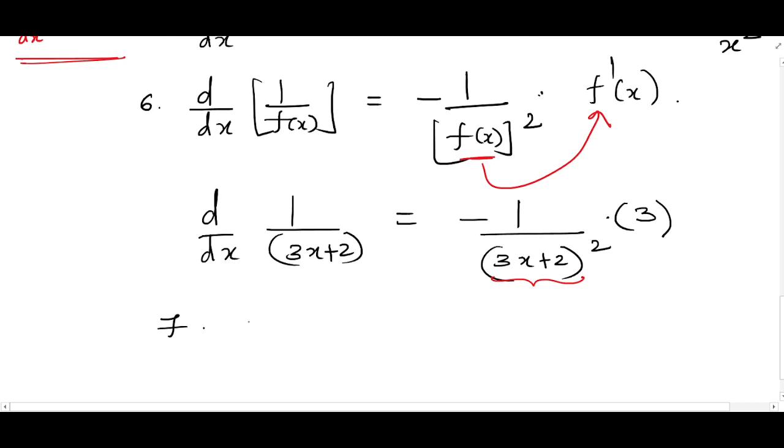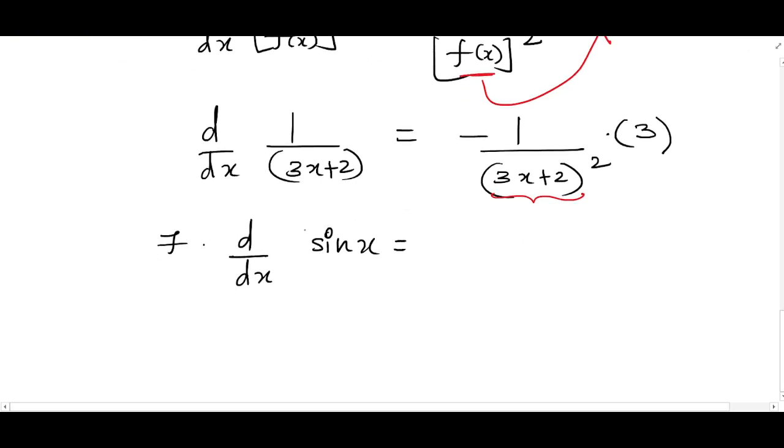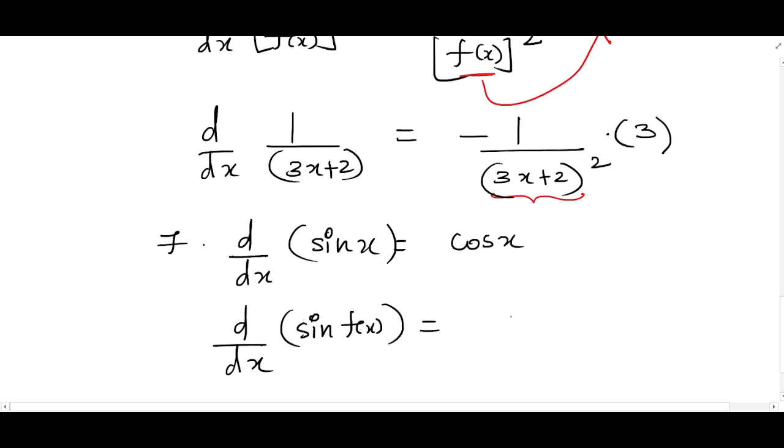D by dx of sin x, now the trigonometric function. The derivative of sin x is cos x. And if I am taking the derivative of sin f of x, it is cos f of x into f dash of x.